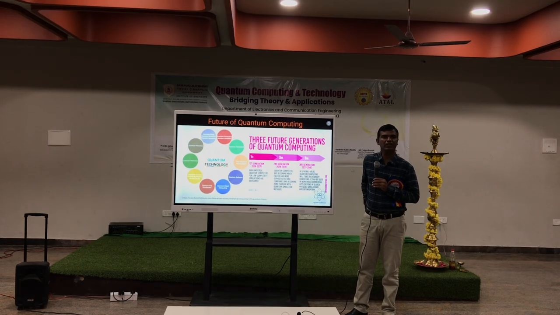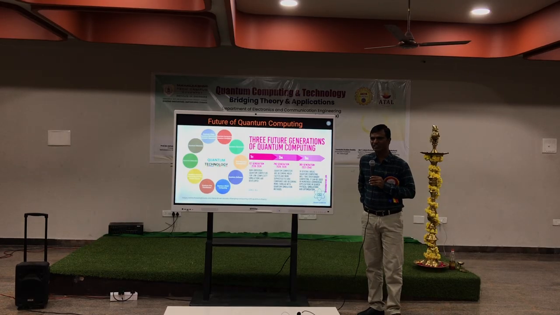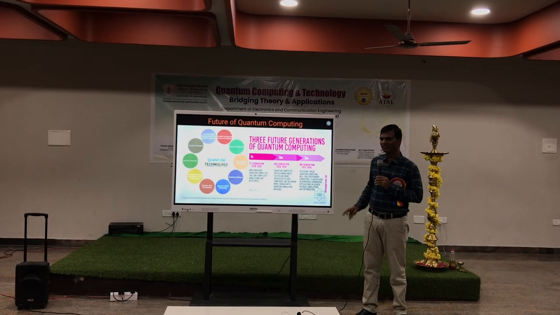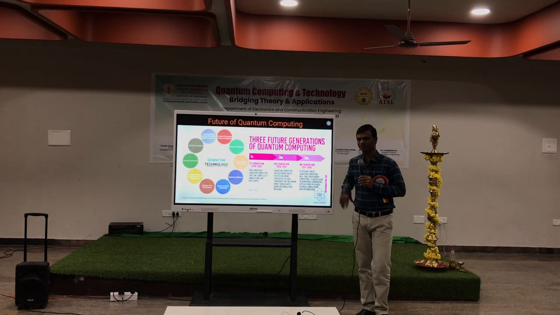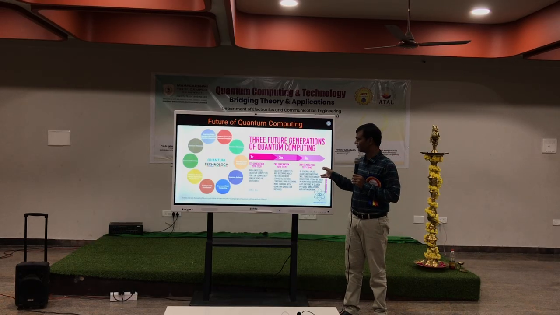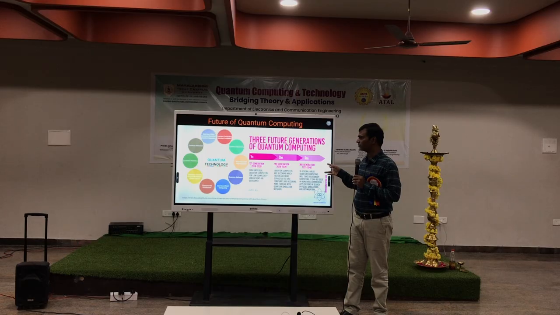Actually, in AI/ML also there are 50 lakh jobs, but industry is not getting well-adapted persons. They are not finding good resources. If that is the case for AI/ML, then think about quantum professionals.